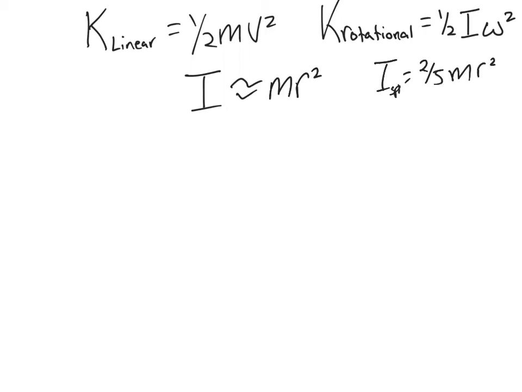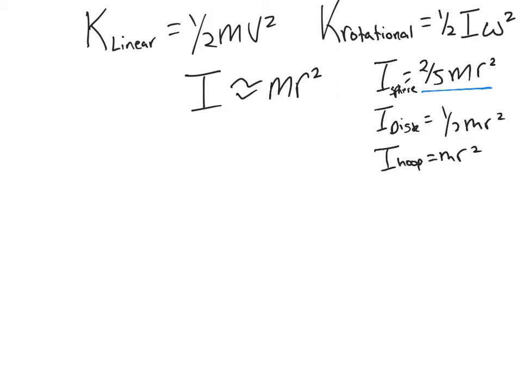The moment of inertia for the disc, the solid disc, was 1/2 mr squared. And the moment of inertia for the hoop is just mr squared. And so basically what you can look at here is the one that has the least moment of inertia, the sphere, is the one that's the easiest to get to rotate. Therefore, it's the one that gets down the hill the fastest. That's what was happening.